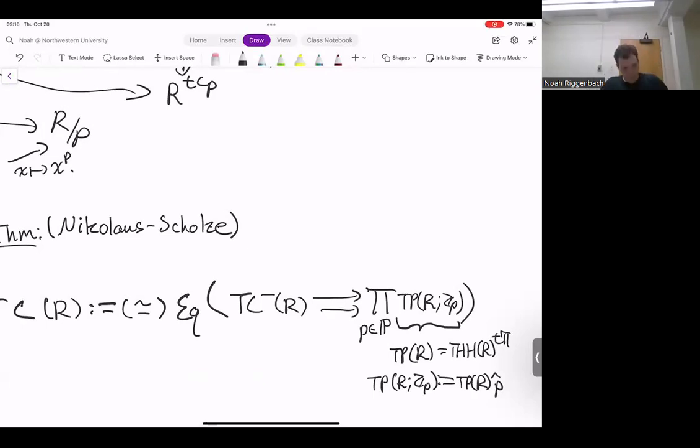And so the top map is the product of all the canonical maps. You always have a map from the homotopy fixed points to the Tate construction, so that's the canonical map. And the bottom map is the product of all these Frobenius maps. Okay.